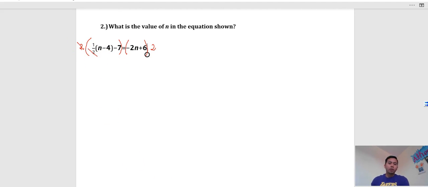All right, so what will happen now is we have n minus 4. Of course, we distribute the 2 with the negative 7, which will give us negative 14, is equal now to negative 4n plus 12.